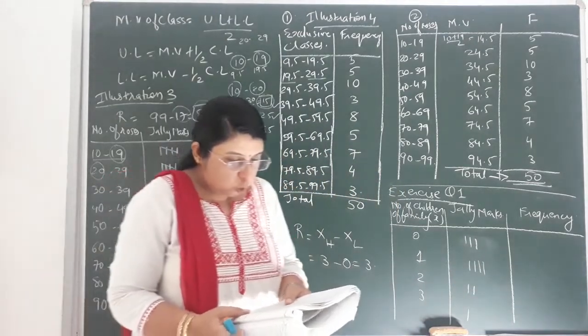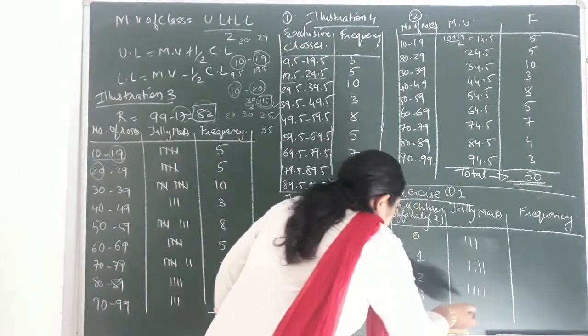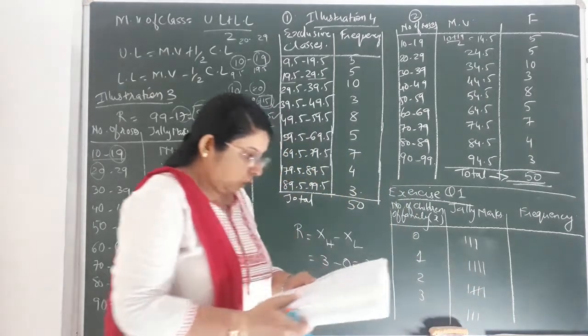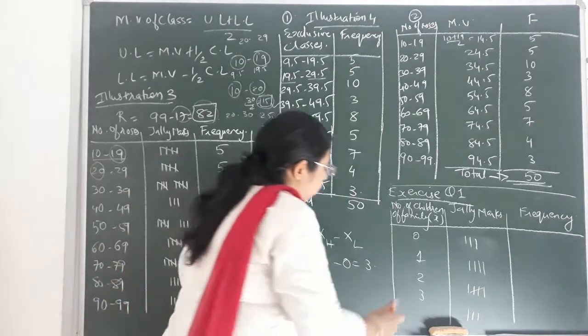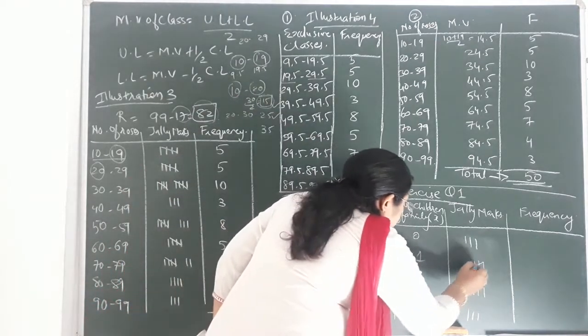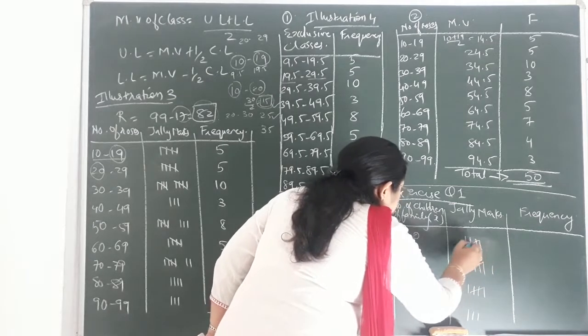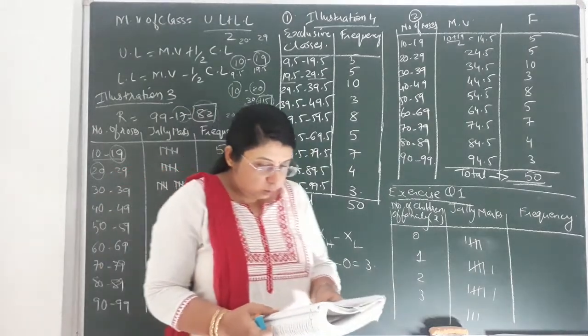Then afterwards 2, 2, 3, 3, 2. Okay. Then afterwards 1, 0, 1, 0, 2.